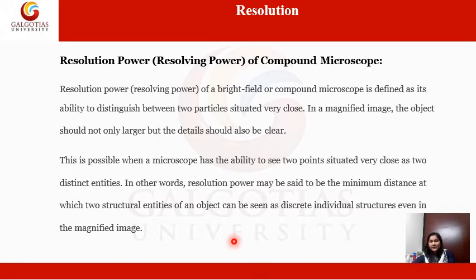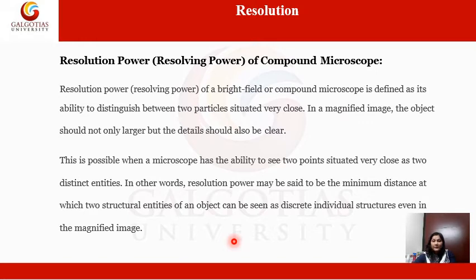Okay, this was just an example. So there should be better resolving power of the compound microscope, so that even if you increase the image, you will get a clear picture and it will not get pixelated or blurred. This is possible when the microscope has the ability to see two points situated very close to each other as two distinct entities.